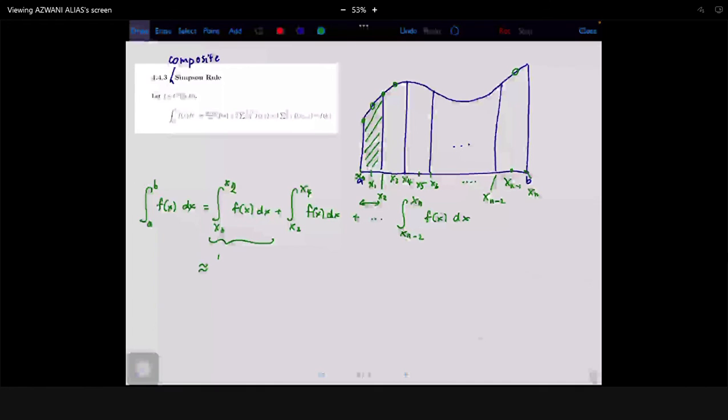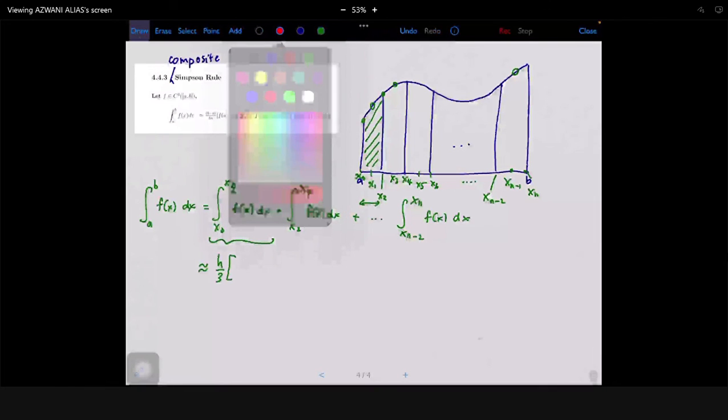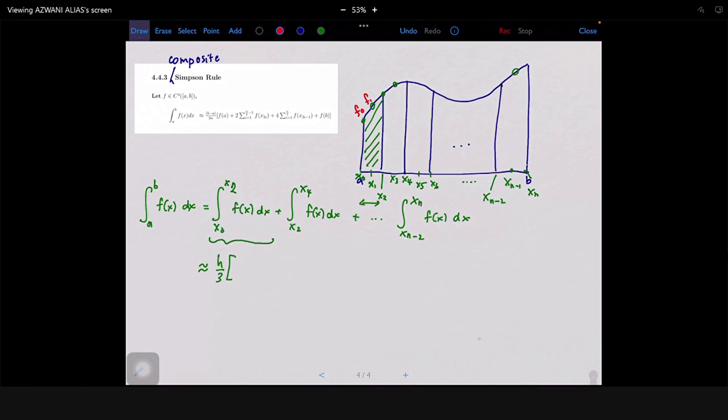So H/3 di mana H adalah B minus A over 2. Okay. So setiap X0 ni adalah, the point here adalah F0, F1, F2, F3, F4 and so on. Okay. So kat sini akan jadi F0 plus 4F1 plus F2. Betul tak? Rumus formula untuk Simpson sub-interval yang pertama tu.